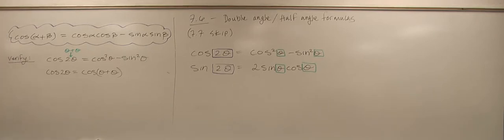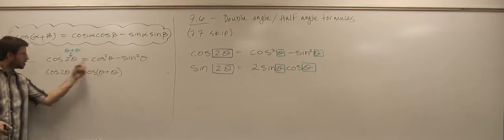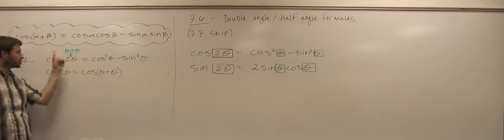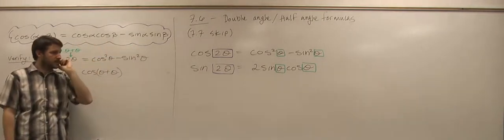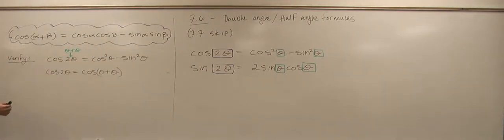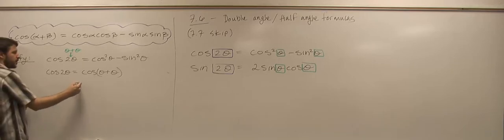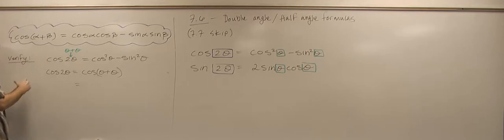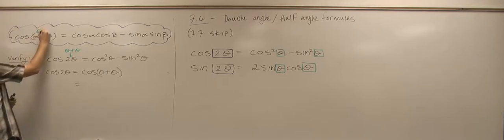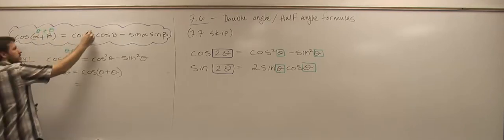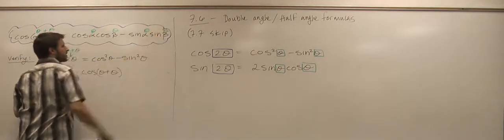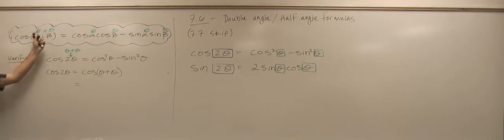Why in the world does that help us? Because we know how to deal with addition inside of a cosine. When you have addition inside of a cosine, here's your formula. So according to the formula above, cos theta plus theta will be equal to cos theta cos theta minus sine theta sine theta. Because the alpha and beta are both this other angle theta.